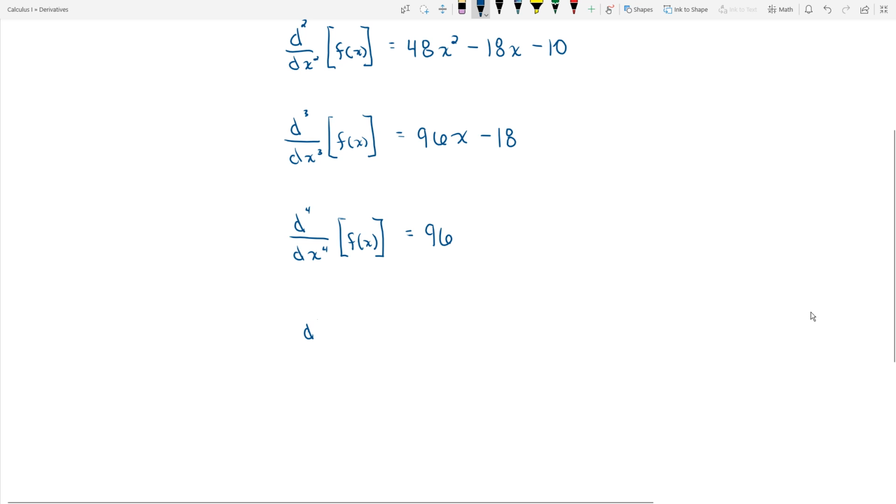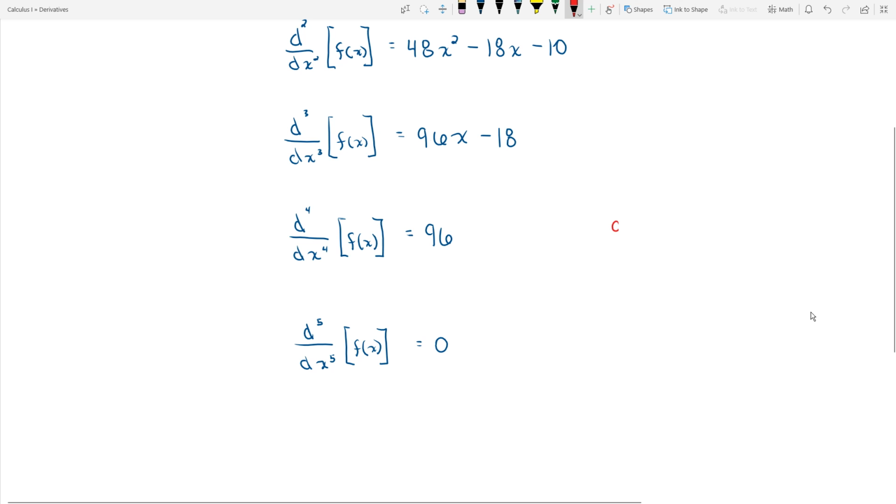So we're going to take the fifth and final derivative of this, such that the derivative of any constant is going to be 0. And I've shown this a few times, how that works. But essentially 96 or any constant can be considered a polynomial in its most basic form.